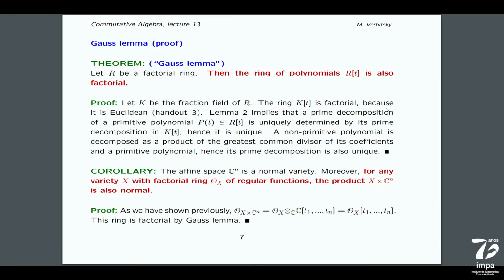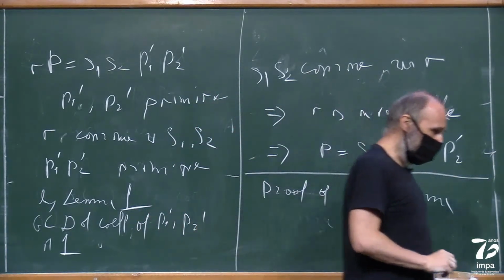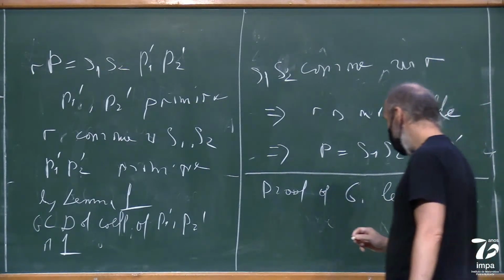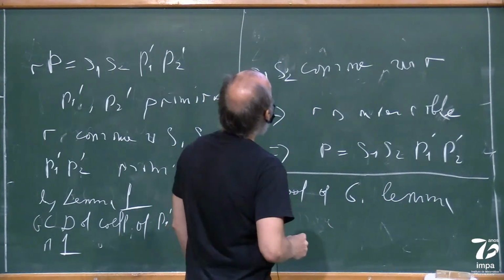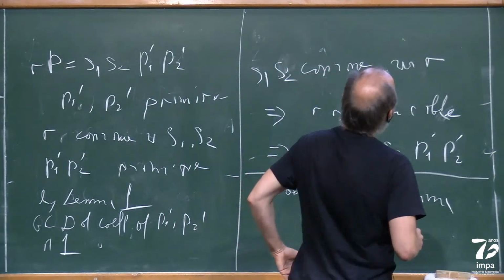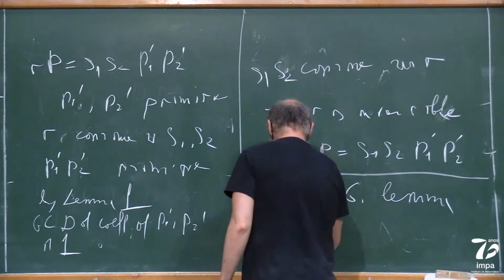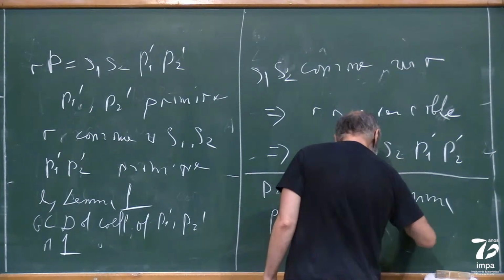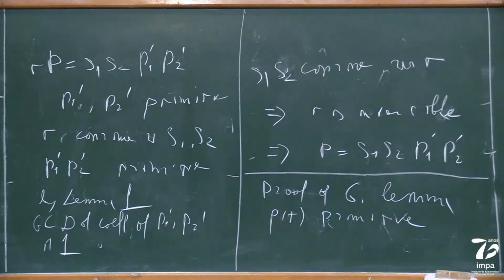It uses the fact that the ring of polynomials over a field K is factorial. So you have a primitive polynomial P of T. If it's irreducible, we are done.